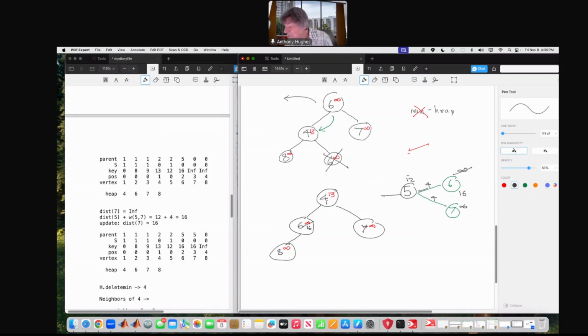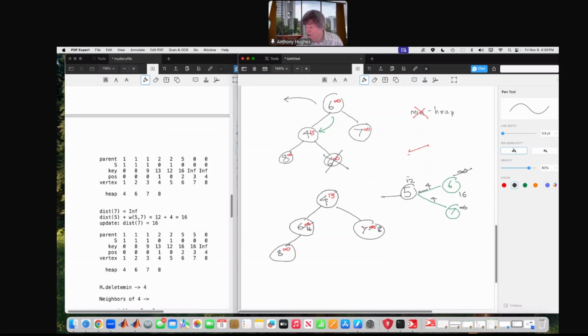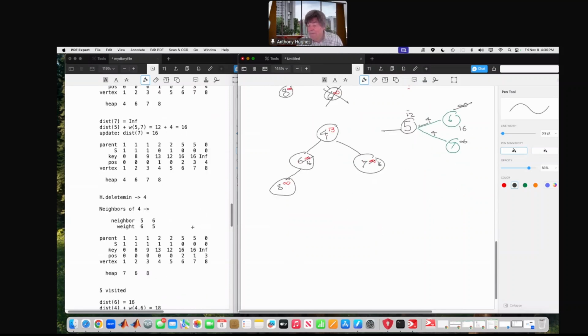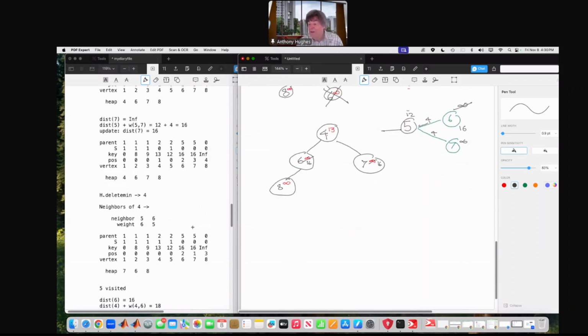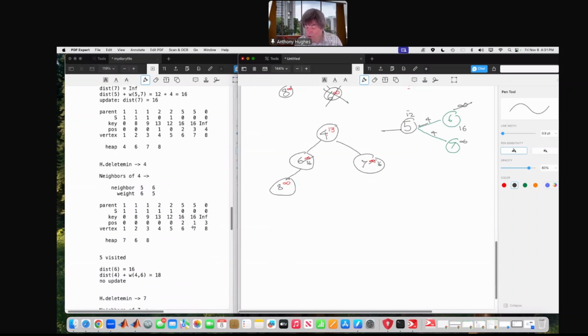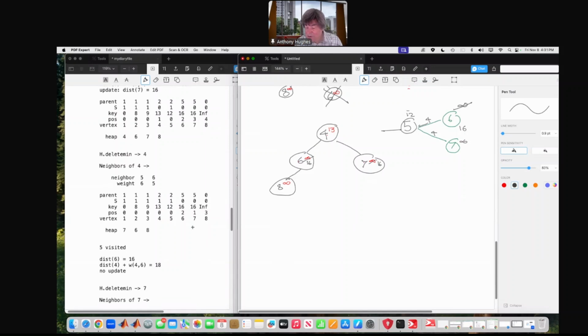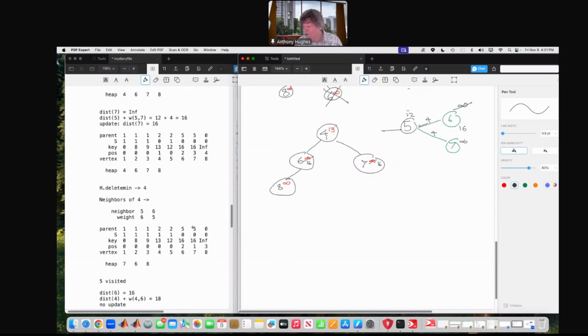So obviously this becomes 16. And again, doesn't have to push up. We didn't have to change anything. Okay. One more step. One more to go. I hope that's no update. This is not a very useful one.